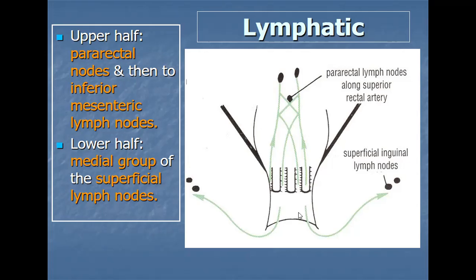The lower half will drain into the superficial group of lymph nodes, which are the inguinal group, because it is draining the skin of this part. So it drains just like the lower part of the abdomen and the perineum, into the superficial inguinal lymph nodes.